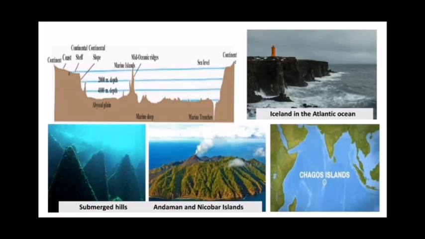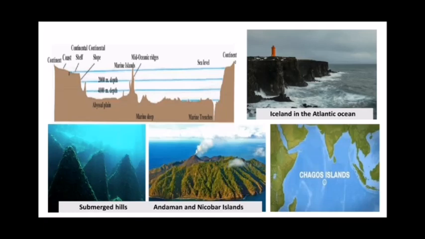The summit of some marine islands is flat. Summit means the top part. The peak of some of the marine islands is flat and extensive. Extensive means very vast. That is why there are so many islands in which people live. They build their houses, there are roads. So some of these marine islands are not pointy. Many of them are flat, because of which many human beings settle on those islands.